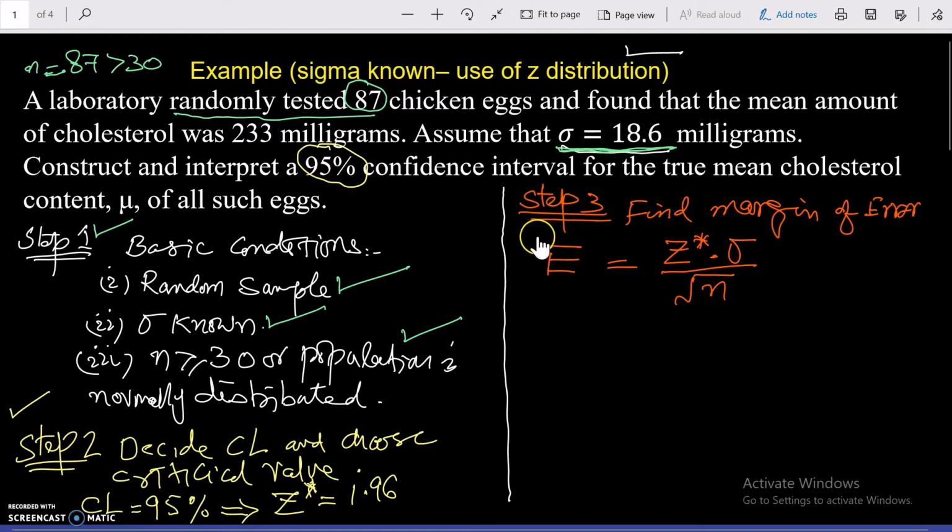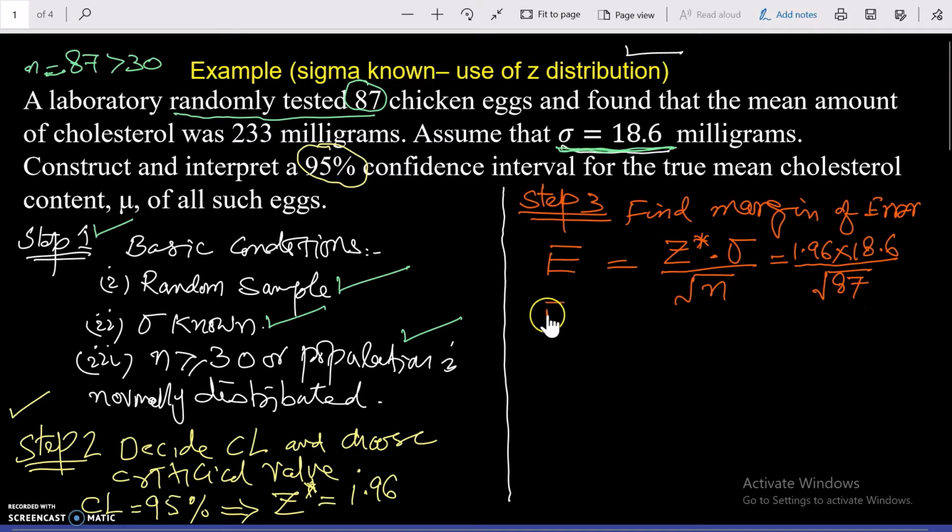We represent the margin of error by E, and it has this formula: z star times the population standard deviation divided by the square root of the sample size. Let me plug in the values. We have everything here: z star is 1.96, sigma is 18.6, and we divide by the square root of the sample size, which is 87.